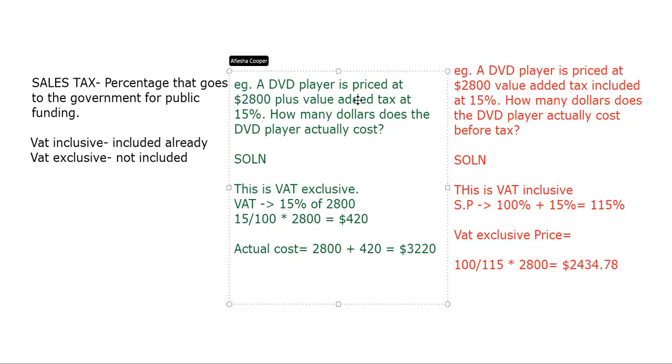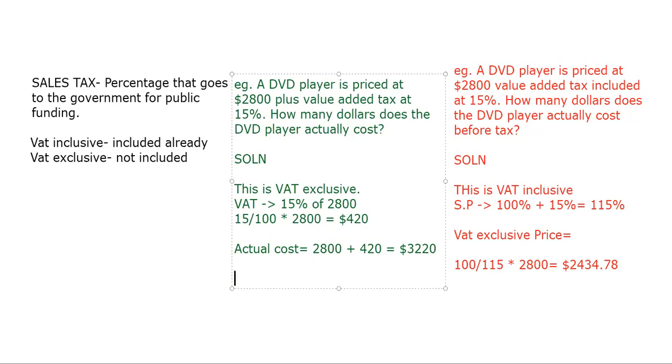And in this question across here, we had to work out the VAT and add it. If we did it like the way we did the second question across there, their selling price would be the same 115 over 100 multiplied by the 2,800.